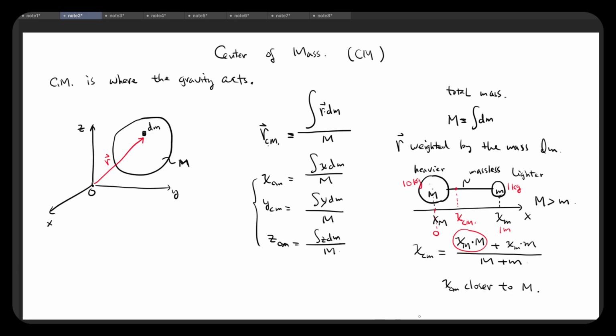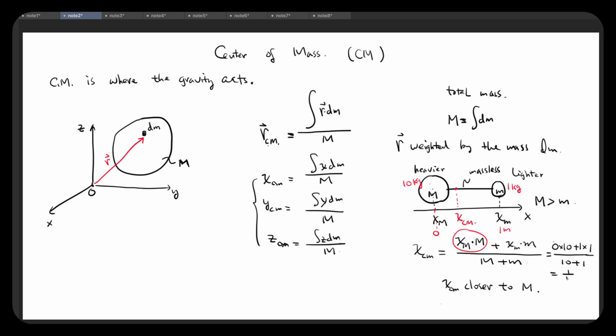Let's do this calculation. The center of mass equals, continuing here, x big M is 0, times 10, plus 1 times 1, divided by the total mass, 10 plus 1.